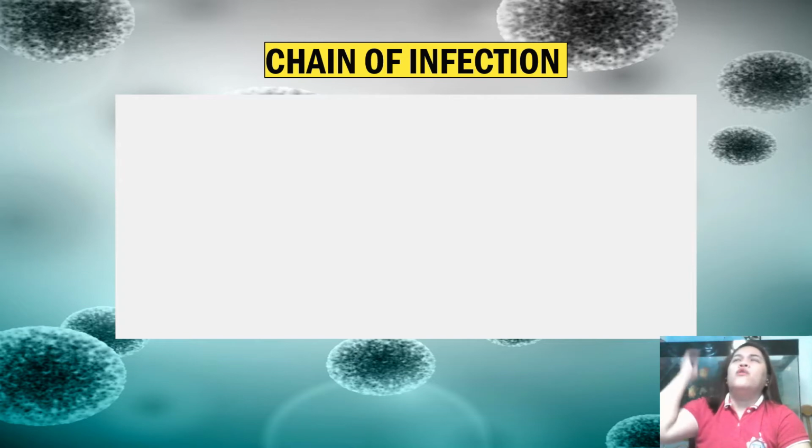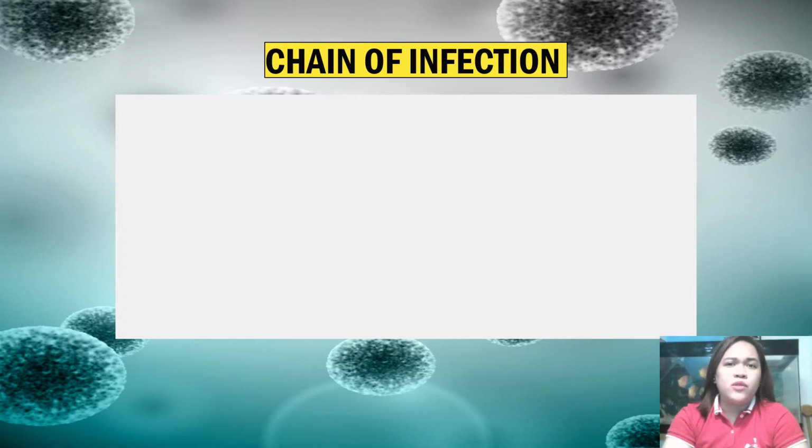What I am trying to say here is that we have microorganisms that help our system, good microorganisms, good bacteria. And we also have microorganisms that could harm our system or could cause infection within our system.